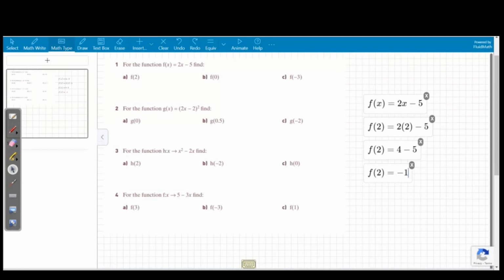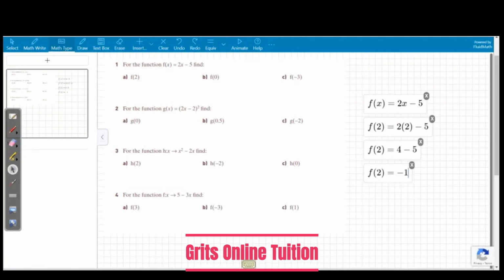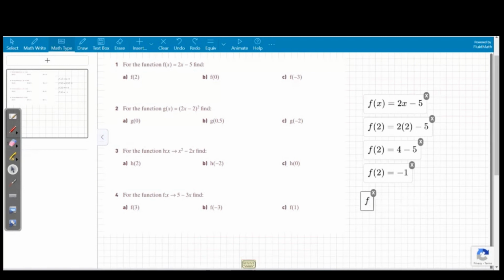The next one says that we should find f of 0. So the same approach. All we need to do is to find our f of 0, and this gives us 2 times 0 minus 5.